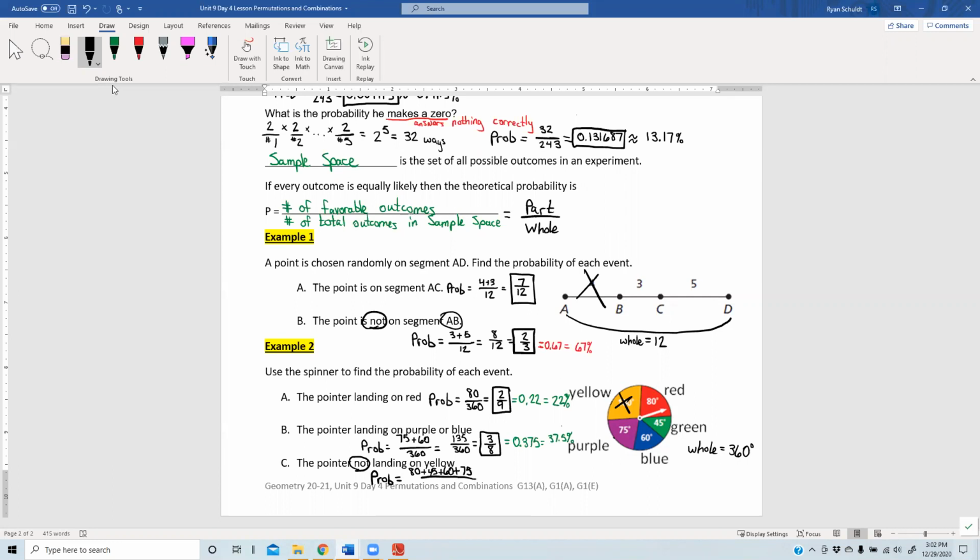I just add up everything but the yellow over 360. Okay, that's going to give me, let's see, what was my yellow? 100, okay. It's going to give me 260 over 360, which, what's that reduce to?